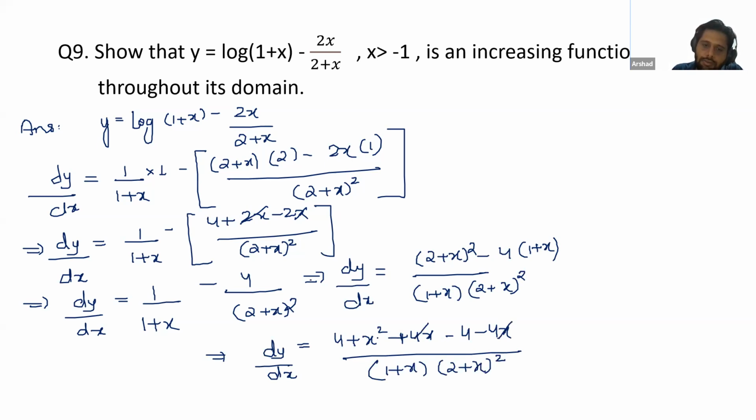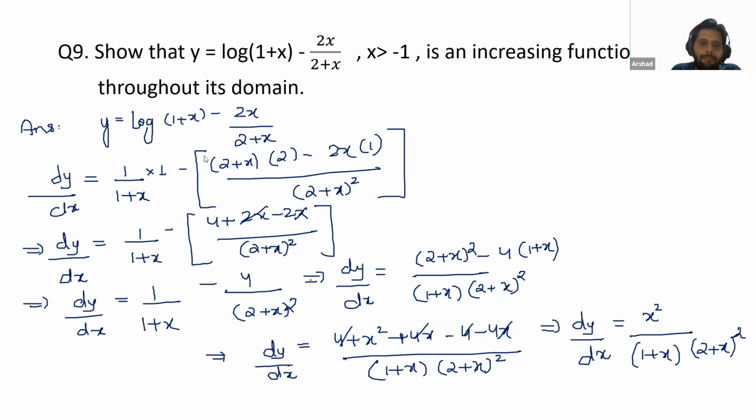Cancel out this, cancel out this. So finally you are getting dy by dx is equal to x square by 1 plus x, 2 plus x whole square. Okay. Observe, you are getting the same expression.